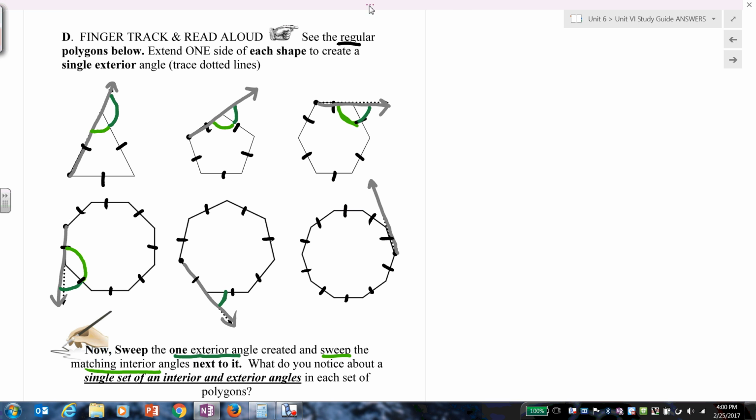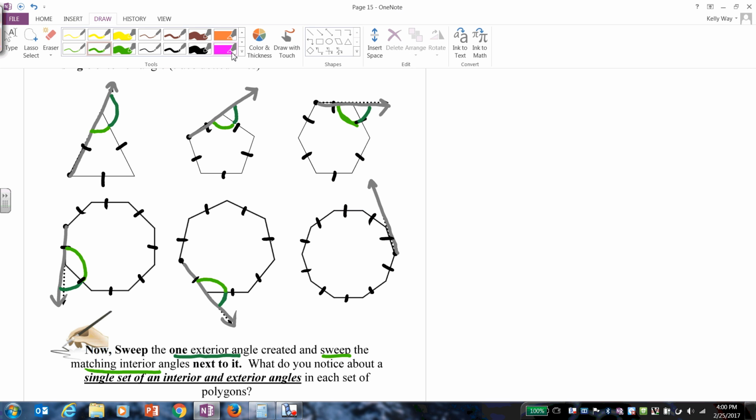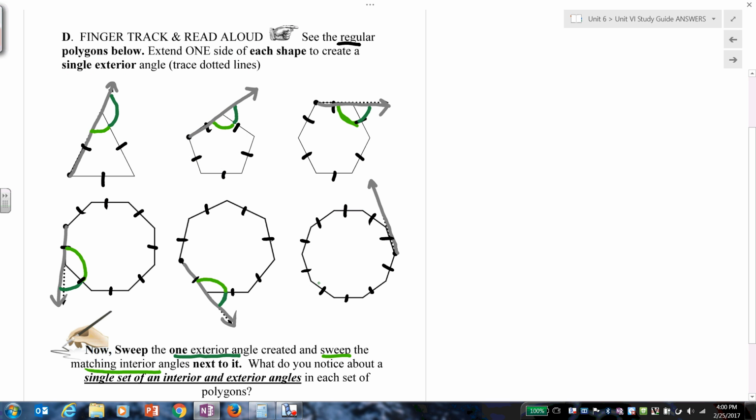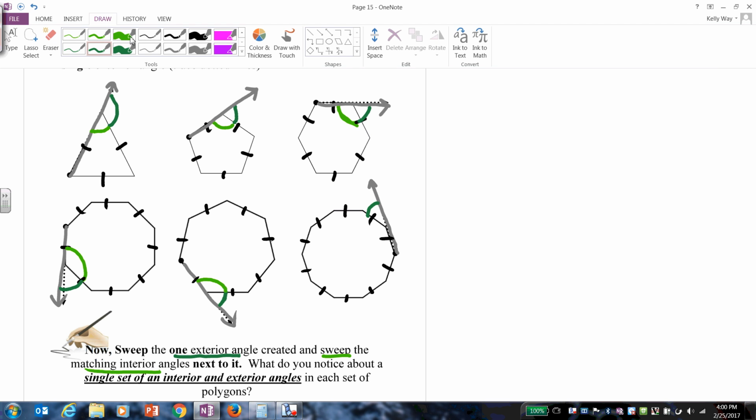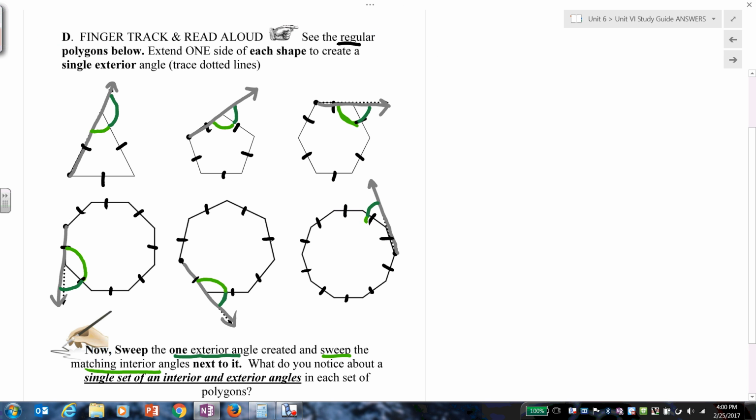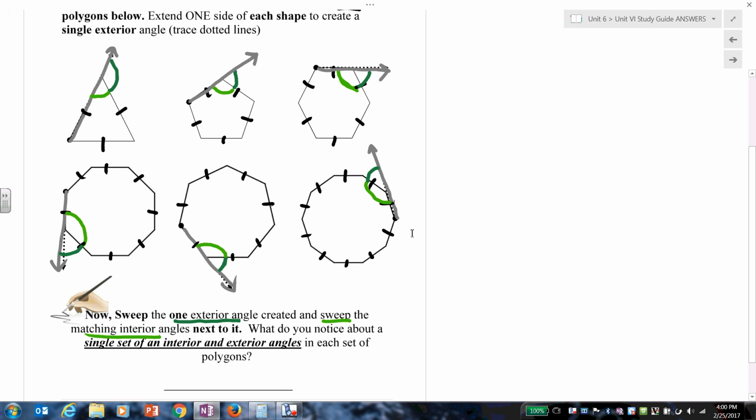Exterior, interior. Exterior, interior. That sweeps and says, what do we notice about a single set of exterior and interior angles?